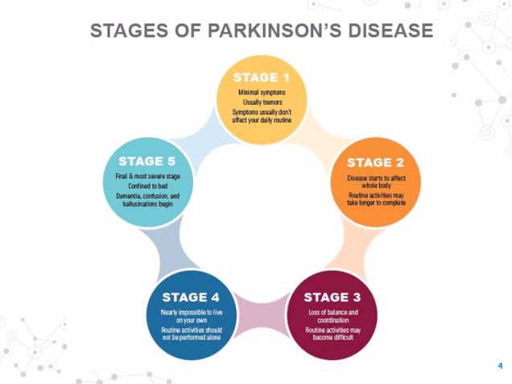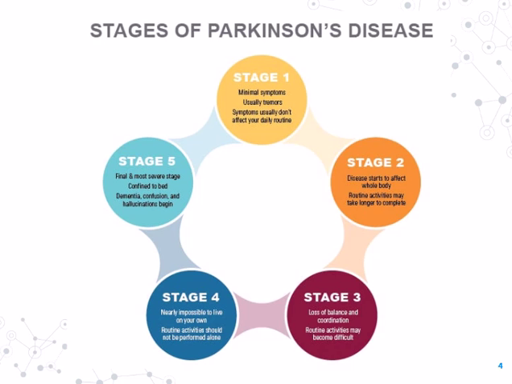Within the first stage, you'll start to notice a trembling of maybe one limb or one hand, and so there are very minimal symptoms. In the second stage, the disease becomes more noticeable and affects the entire body, so this is where you might see more than one limb shaking or the entire body trembling. Stage 3 is where you find the loss of balance and coordination, and routine activities become really hard for an individual to accomplish.